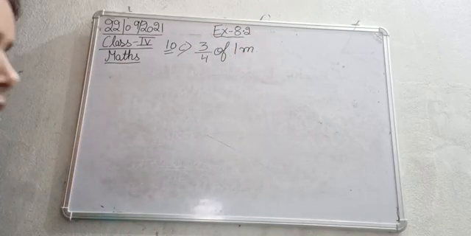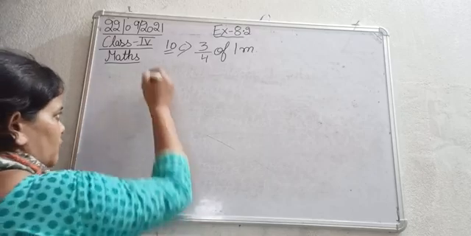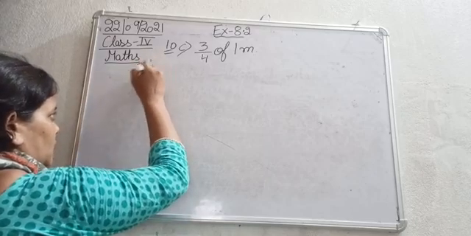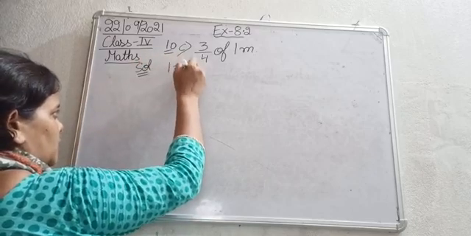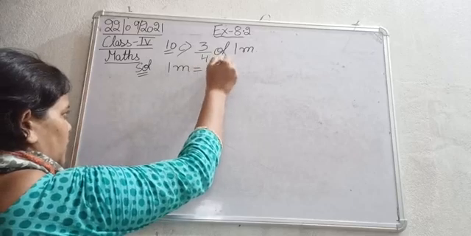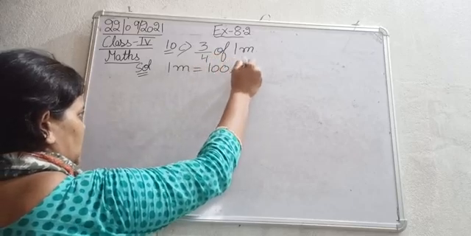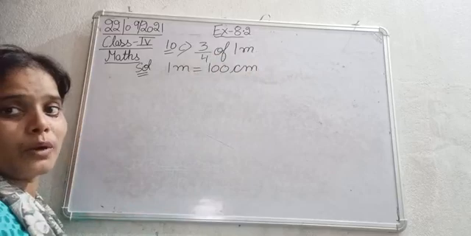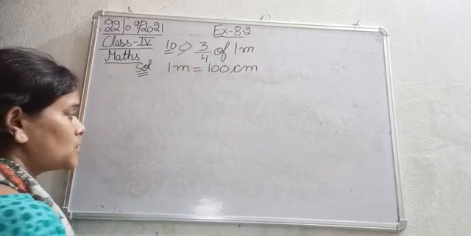So let's do the conversion once again. 1 meter is equal to 100 centimeters.